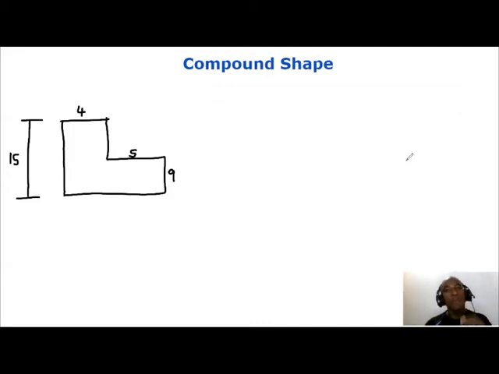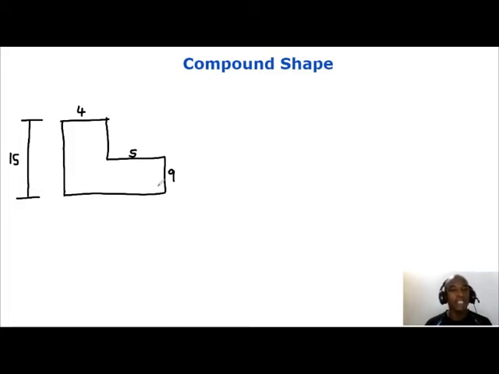Therefore, with a compound shape, you are expected to get more than one shape as one shape. However, the trick lies in how well you are able to break down the various compound shapes into single shapes, and then calculate the areas and perimeters from there.